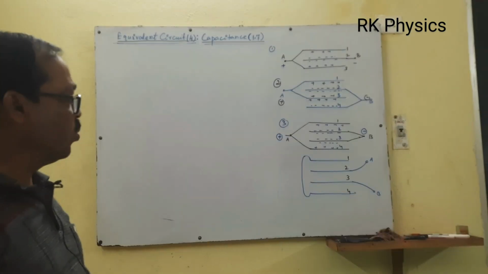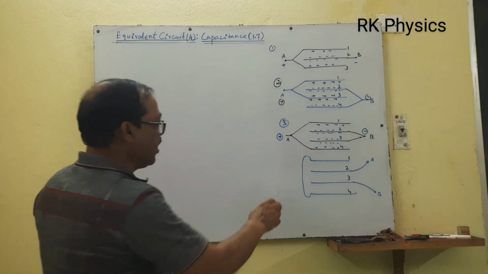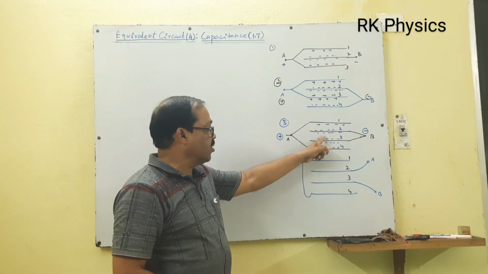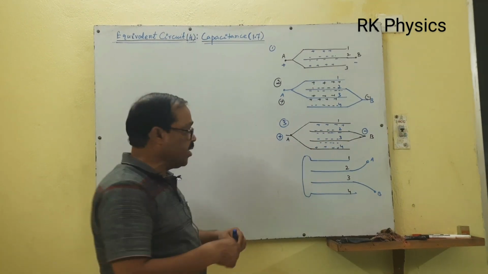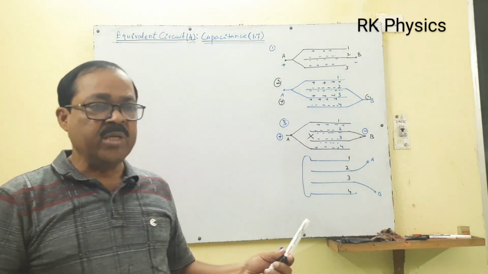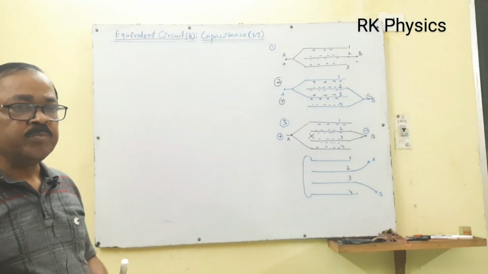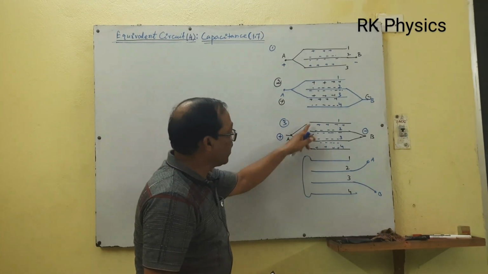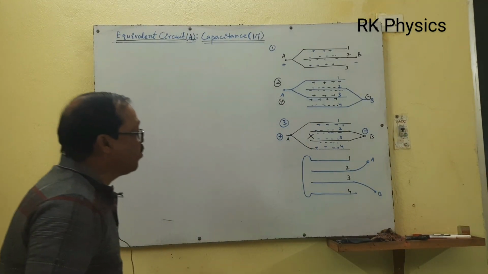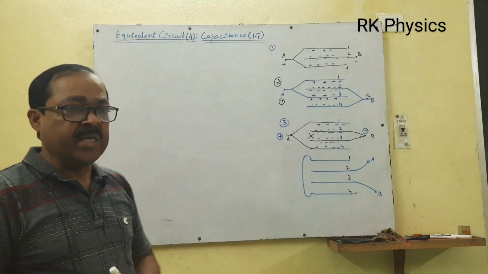Between 3 and 4 there exists another capacitor, but between 2 and 3 it is minus and minus, so it is not a capacitor. That means there are only 2 capacitors. The positive plates of all the capacitors are connected together at one point and the negative plates are connected together at another point.